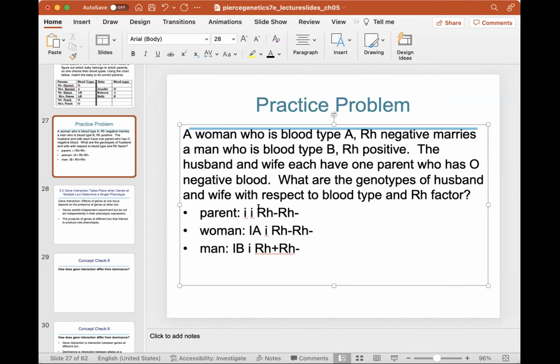When the question says that the parents are O negative blood, does that imply that the parents are RH minus? It looks like yes, because that's how it's written. Yes. RH negative means negative blood type. RH positive means positive blood type.